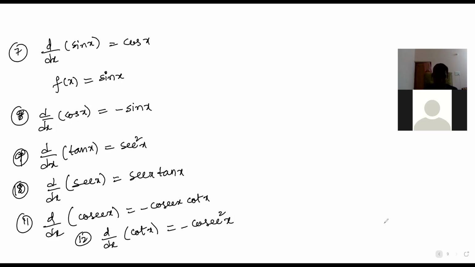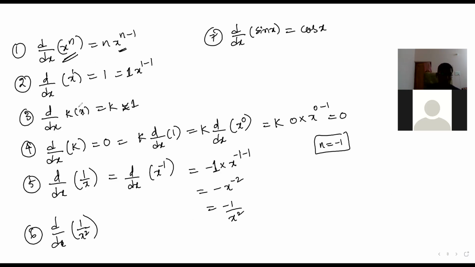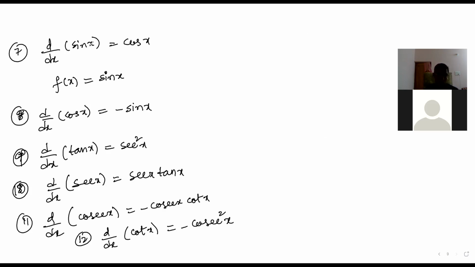In algebra there is only one formula; through this only you get all of them. And the next is trigonometry: 6 trigonometric functions and their derivatives. That's it. You have nothing else more than this.